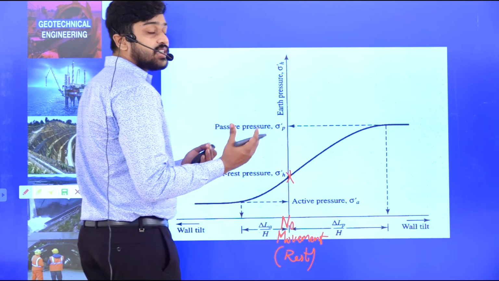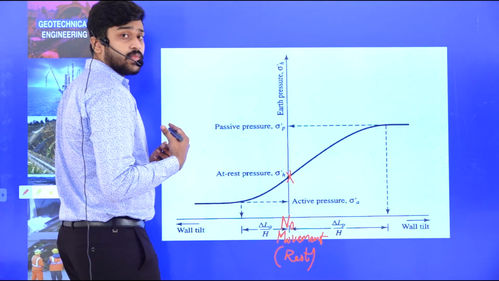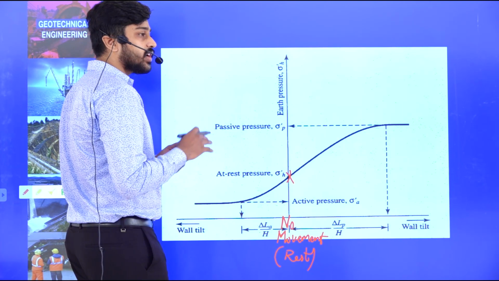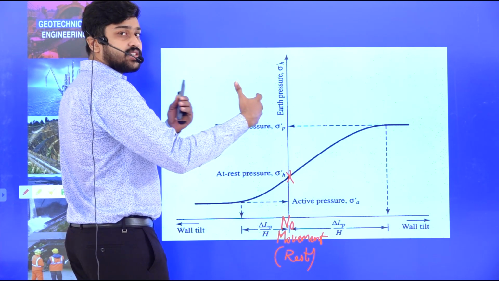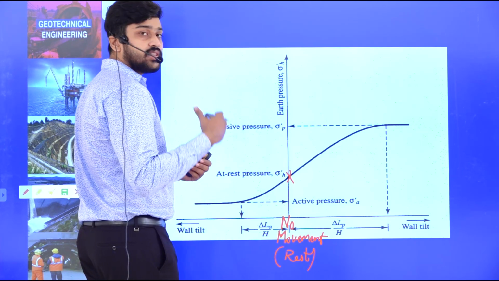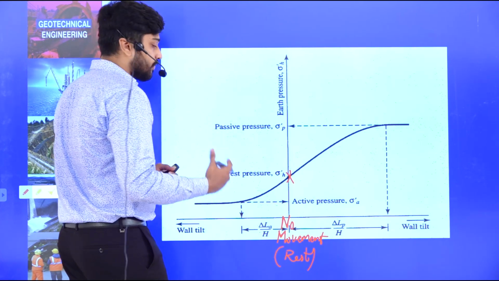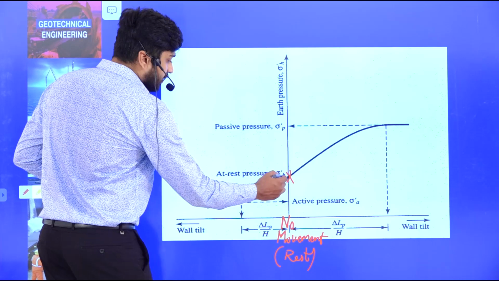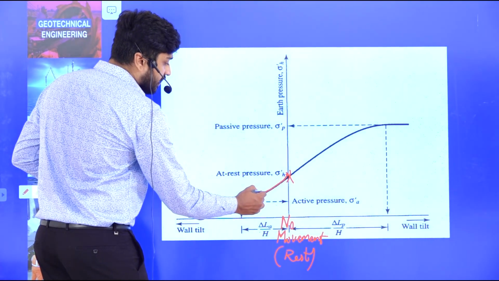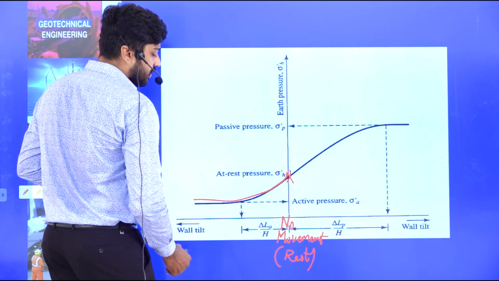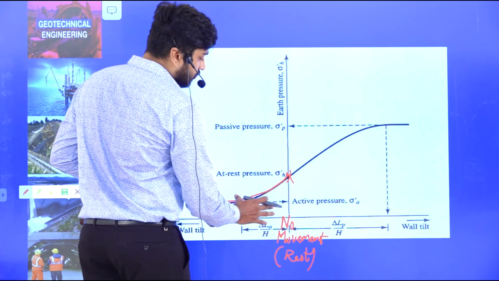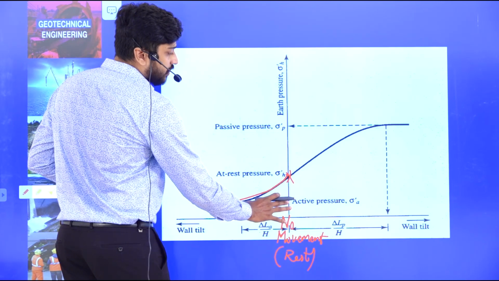When the wall is moving away, the soil is getting free, that means it is trying to stretch. So the pressure decreases: as the wall movement increases, there is a decrease in the active pressure, and that is why this is called active pressure.